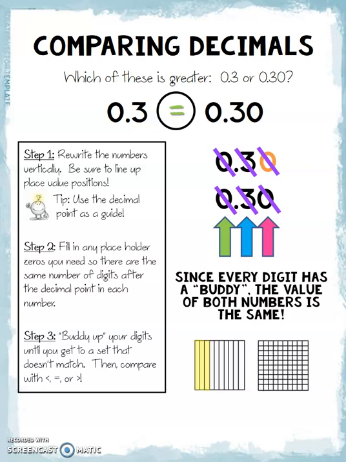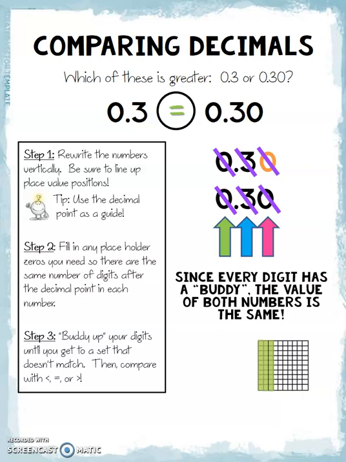And to show 30 hundredths, this time I need to color in 30 tiny little hundredths cubes. Now if I were to shift that top 3 tenths right over on top of the 30 hundredths, it's going to line up to be exactly the same. You'll notice that those yellow tenths rods slid over the blue hundredths cubes, which is showing me that 3 tenths is exactly the same as 30 hundredths.